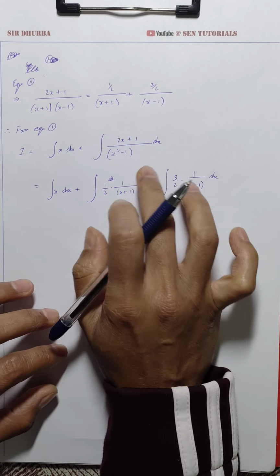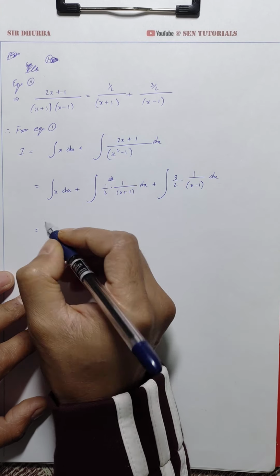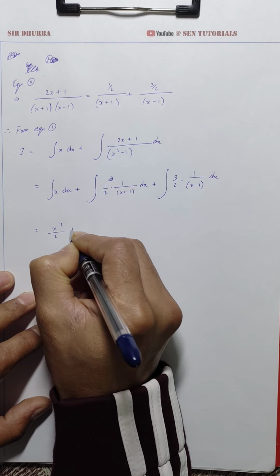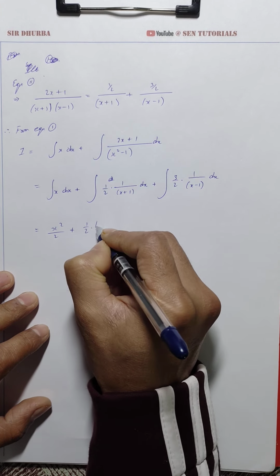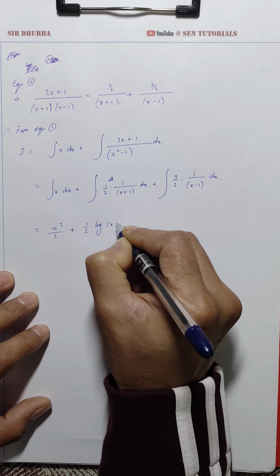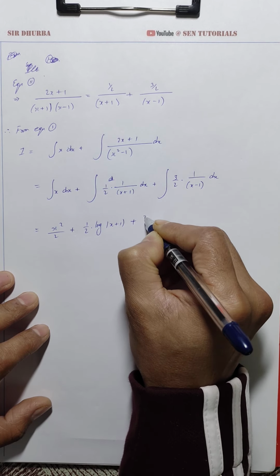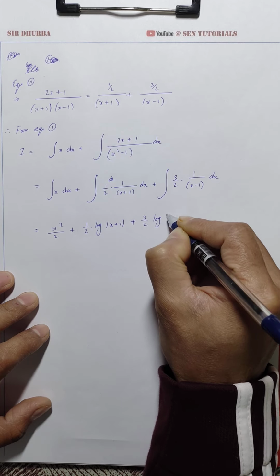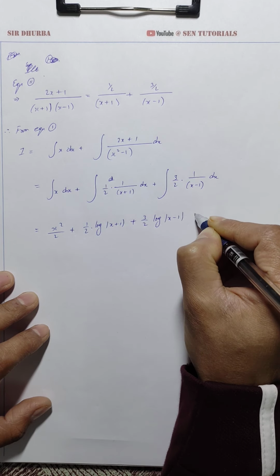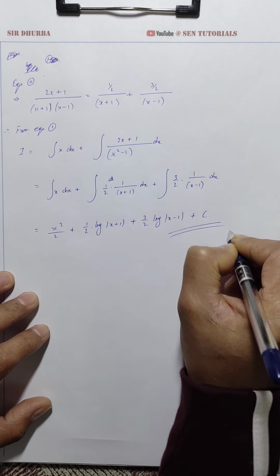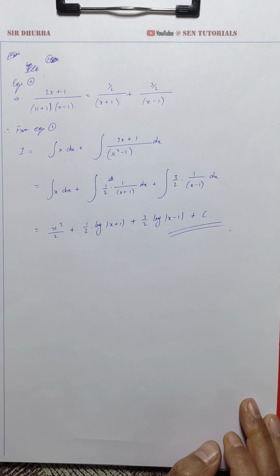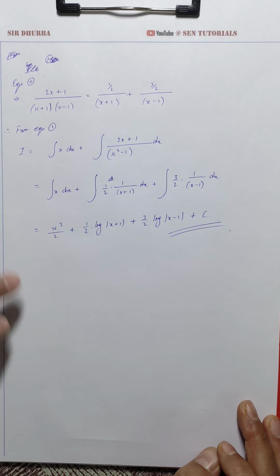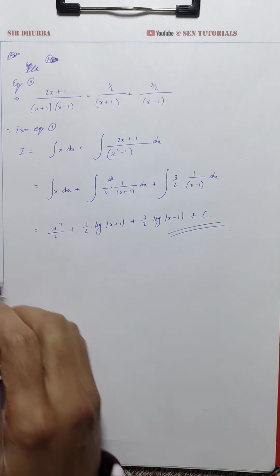I did not write down the unnecessary steps. So integral of this x square by 2, integral of this 1 by 2 into log of x plus 1, integral of this 3 by 2 into log of x minus 1 plus c. Okay, simple integration. Once we just divide, that's it, job done.